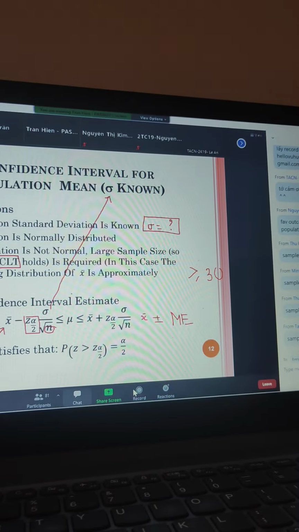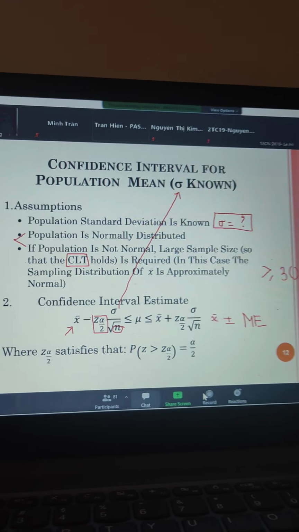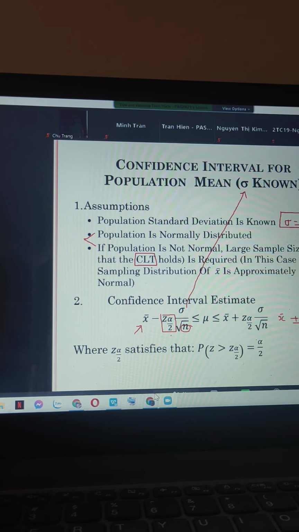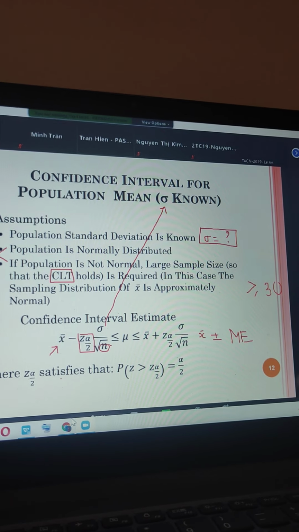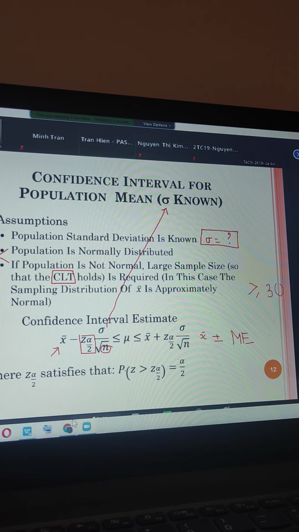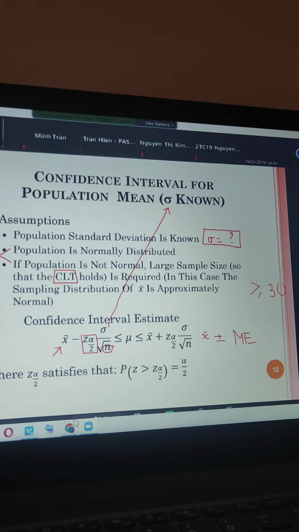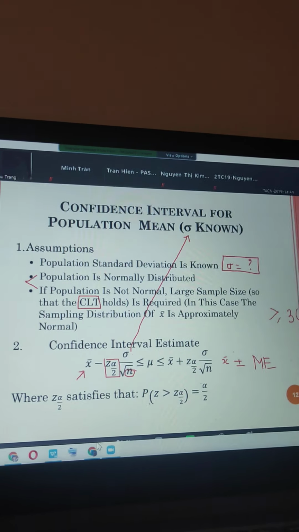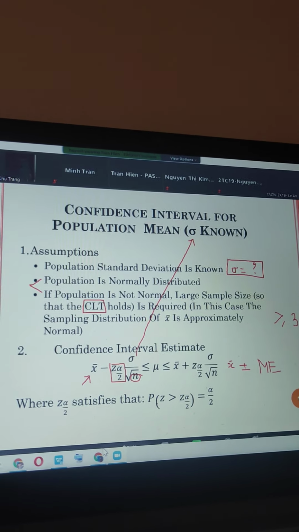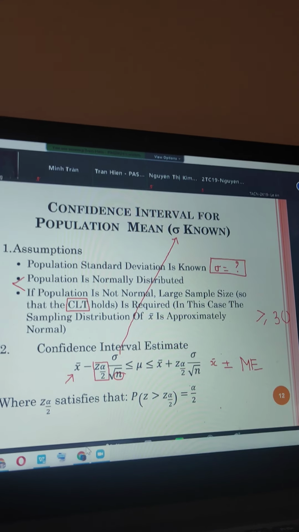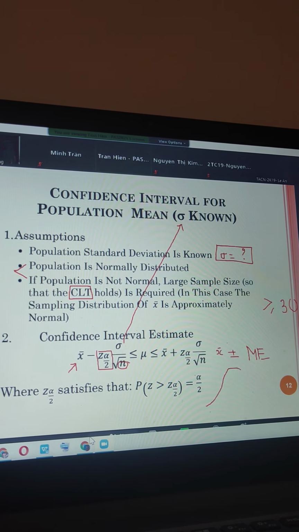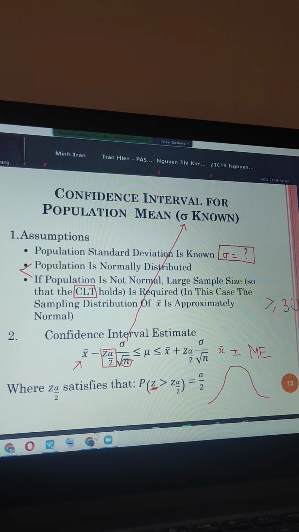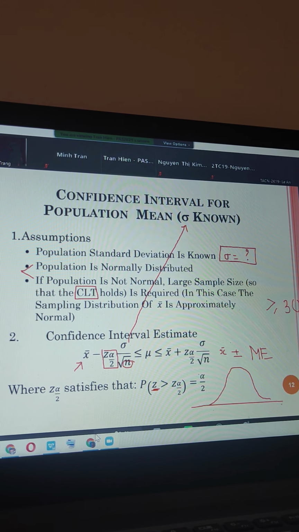Actually, in here we learn the way to find the value of z alpha over 2. So z alpha over 2 satisfies that the probability of z being greater than z alpha over 2 equals alpha over 2. Do you remember the probabilities for z? These are the areas for the standard normal distribution, right? Z for the standard normal distribution.